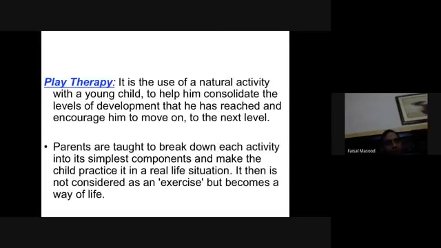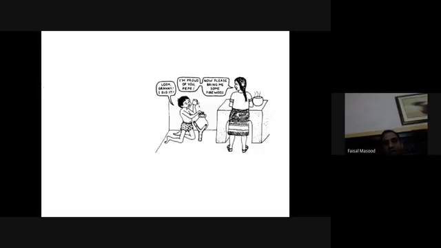Play therapy. The child is promoted to go to play, and this is how the child has the ability to develop, to learn, and to improve. Certain tasks are given, such as the grandparents asking the child to do something.